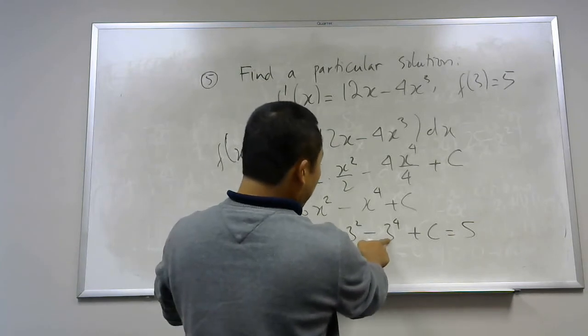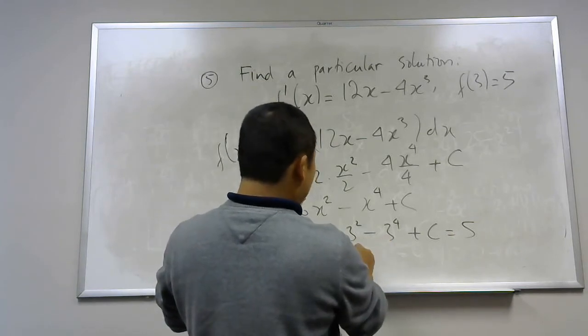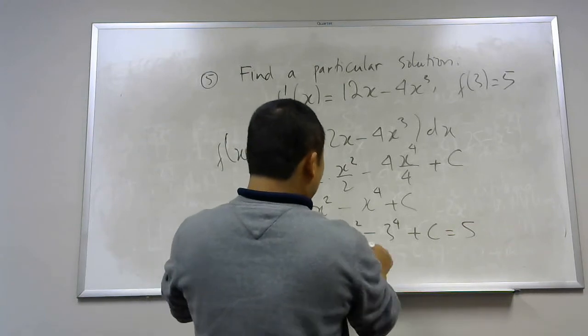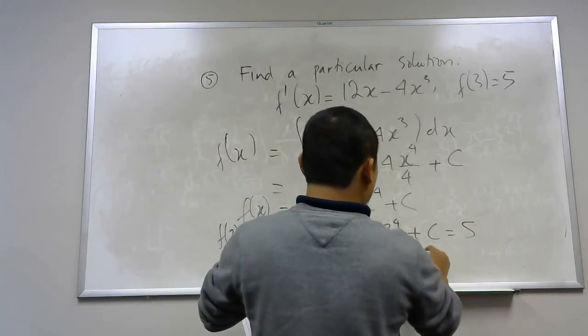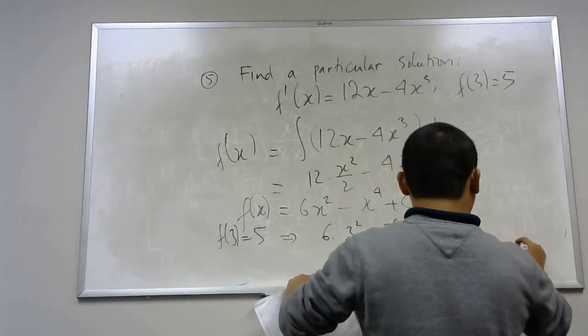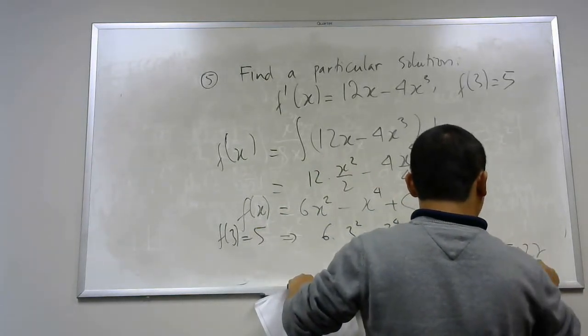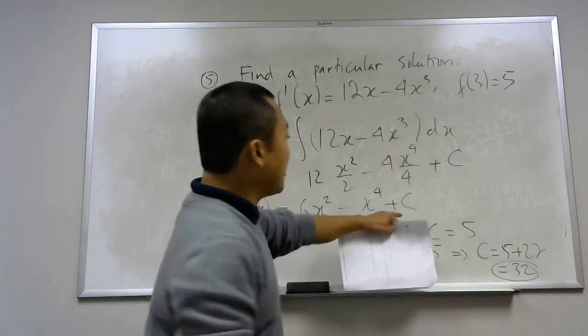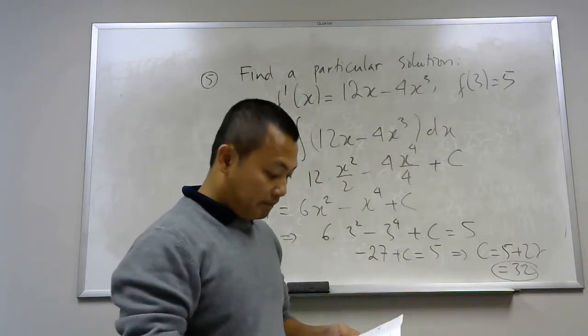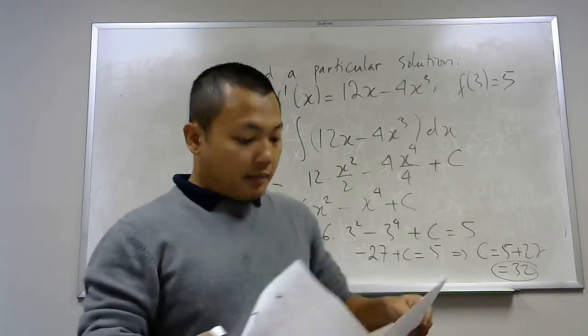Here you get 6 times 9, and 3 to the 4 is 81, so that is negative 27. So I have negative 27 plus c equal to 5, or c is 5 plus 27, which is 32. And then I just substitute c by 32, I get the function. That is problem 5.